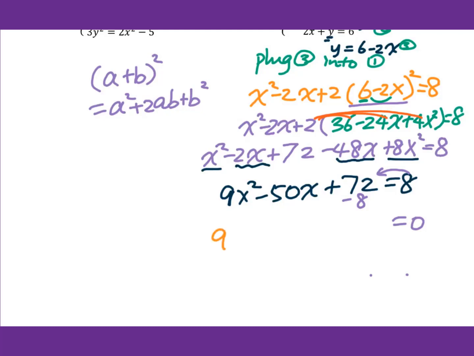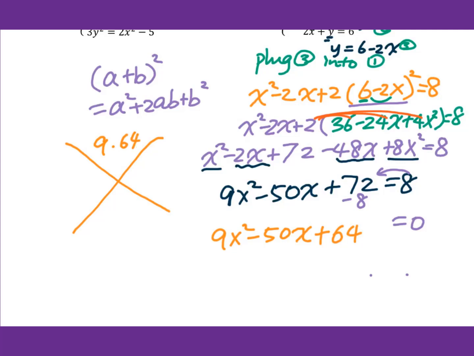You will get 9x squared minus 50x plus 64 equal to 0. Then we do ninja x. 9 times 64, over 9, over 9. Negative 50, get factors negative 18, negative 32.